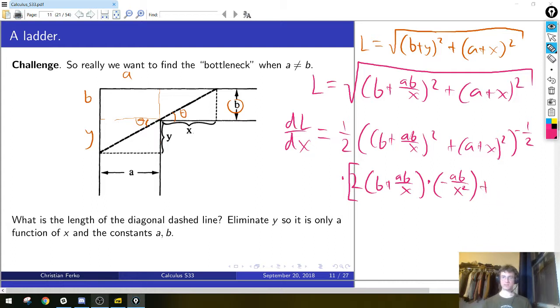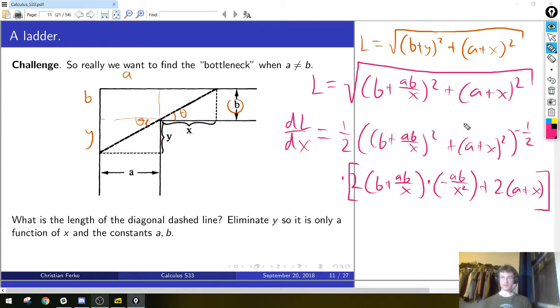By chain rule, it's going to be 2 times a plus x, times 1. Yep.